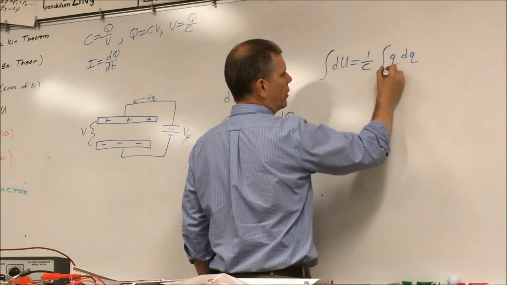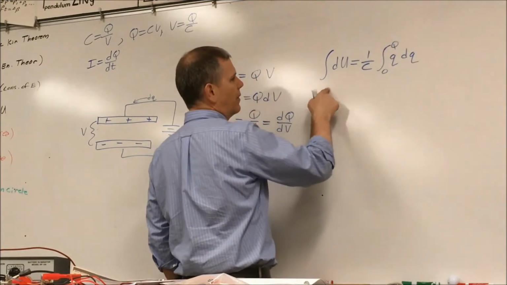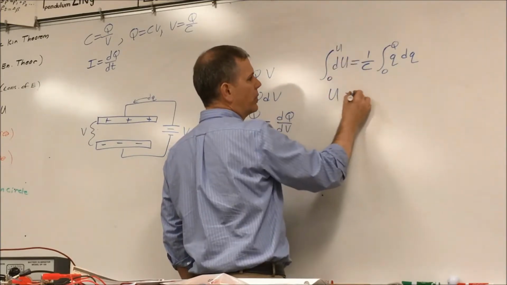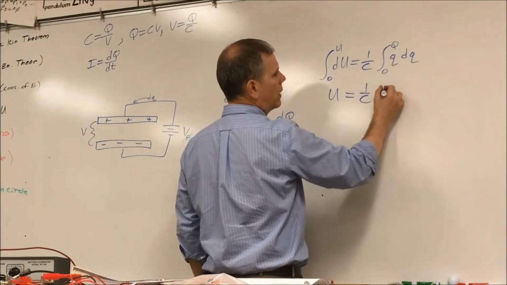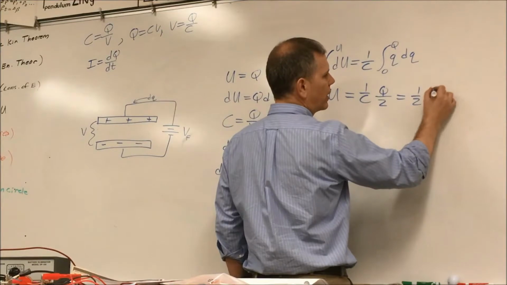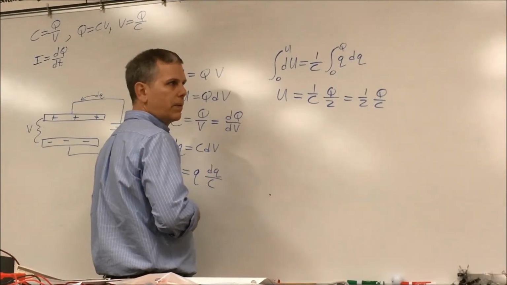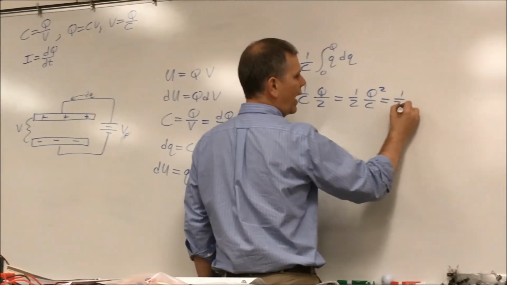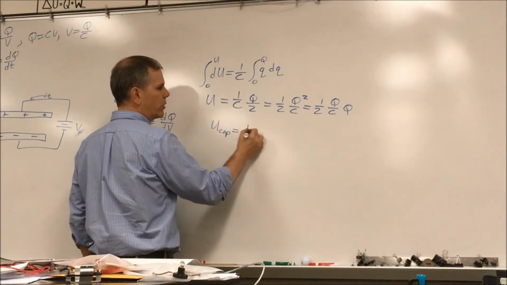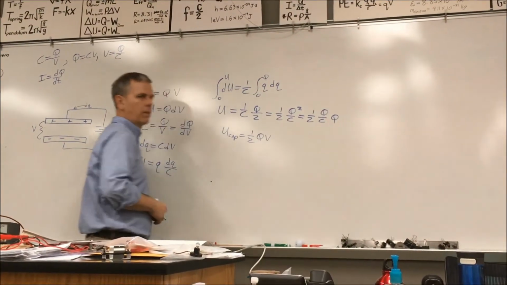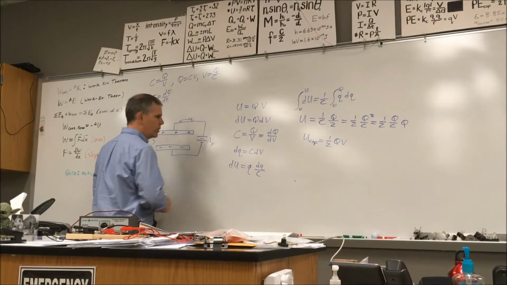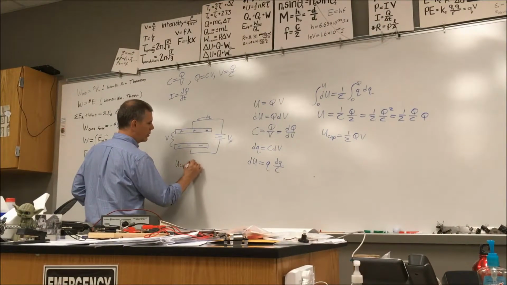And I'm going to integrate this from 0 to some final Q, and this is going to give me the change of energy from 0 to U, which is going to equal 1 over C, q raised to the power and divided, which gives me 1/2 q squared over C, which equals 1/2 Q over C times Q. So U for a capacitor equals 1/2 QV. Okay, so we're going to write this over here in a different color. So we get that the U for a capacitor equals 1/2 QV.